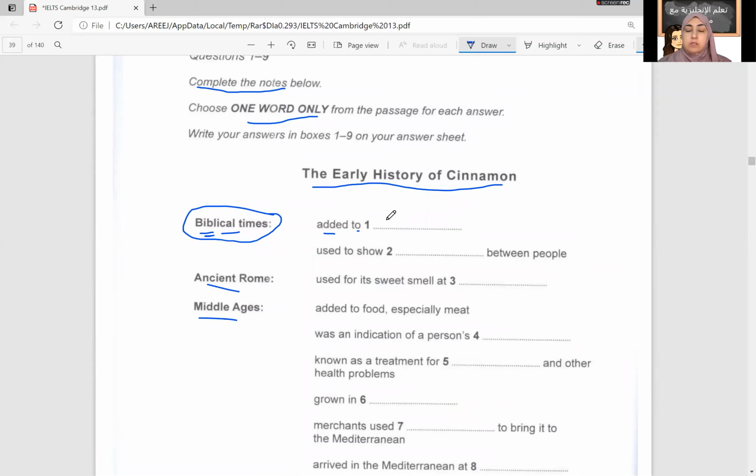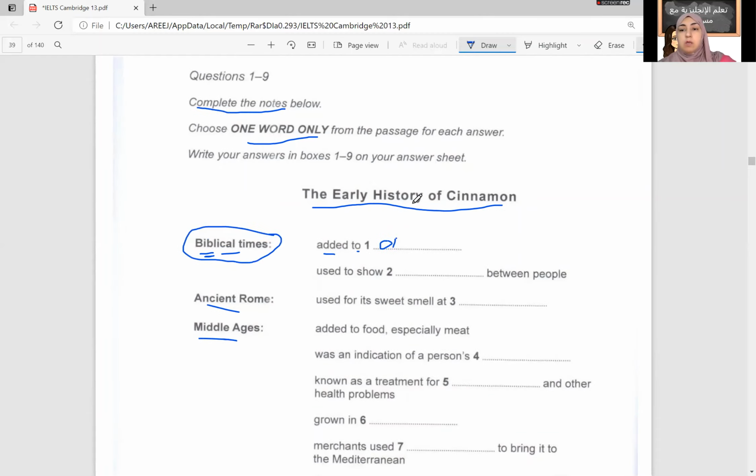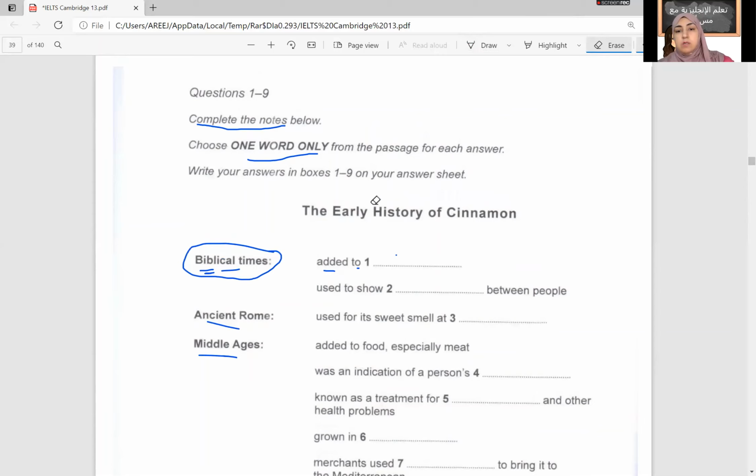So cinnamon was added to... the answer is oil. I'm sorry for the handwriting because I'm using my mouse here. Let's delete it and write the word. I'm just going to use the touch screen. So the answer is oil, or oils, depending on the sentence.